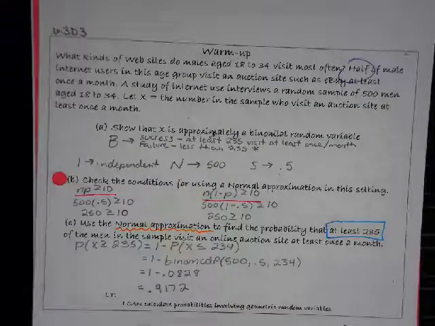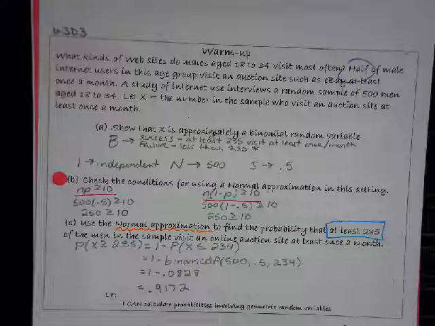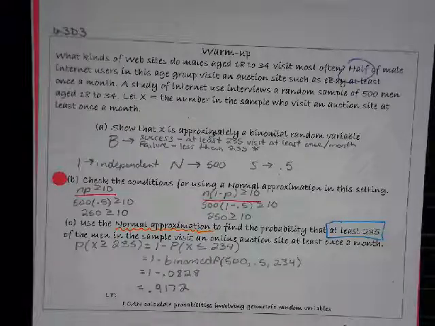And they keep track of internet sites and who goes where. So they do have access to a lot of information. So they could find that about half of 18 to 34-year-old males go to eBay once a month. And then we randomly pick 500 of them. Would it still hold true?